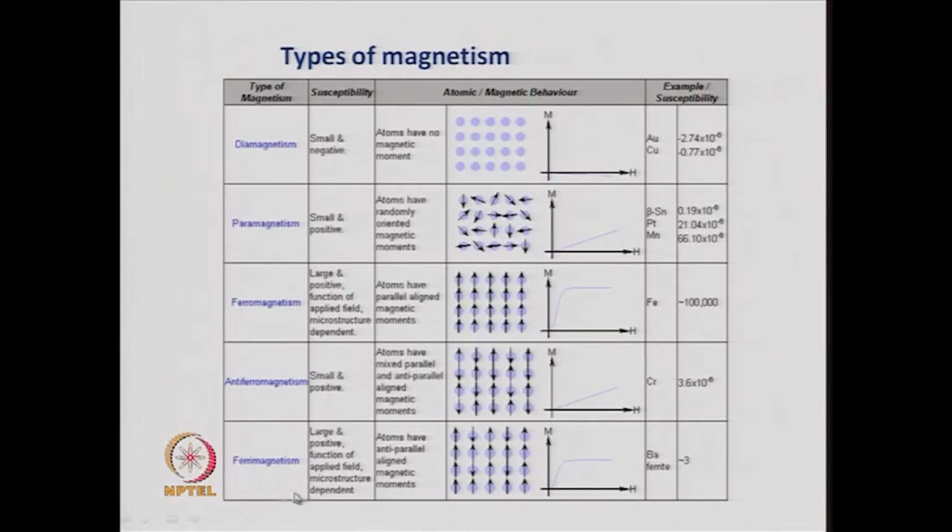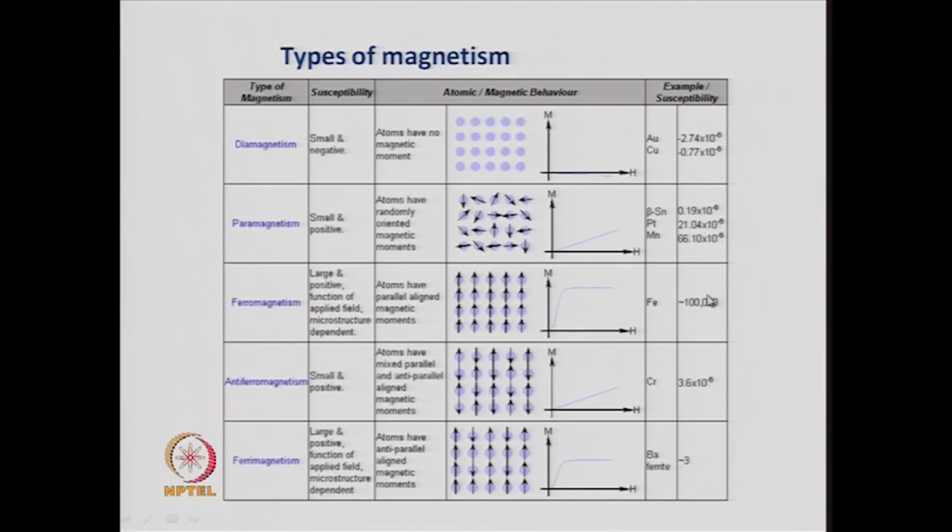In ferrimagnetism, these moments are not exactly cancelling. You can see some are large moments, some are small moments, and so they have a positive large number, and so it is say around 3, which is 6 orders of magnitude higher than diamagnetism and paramagnetism, but it is again nearly 5 orders of magnitude smaller than ferromagnetism.